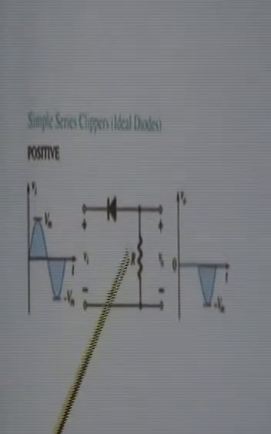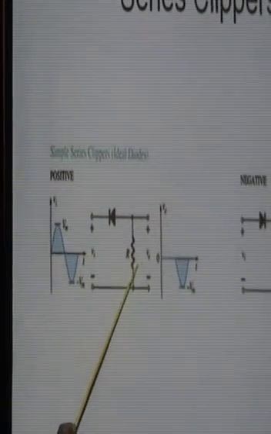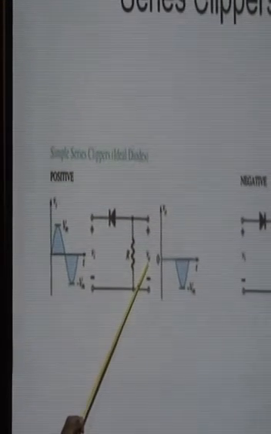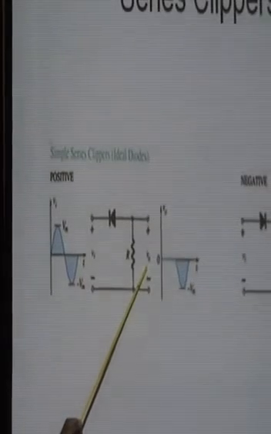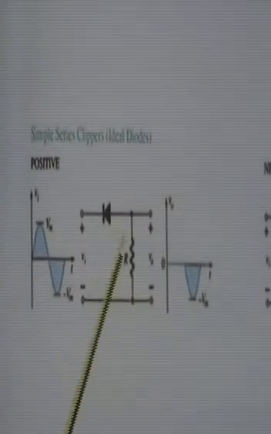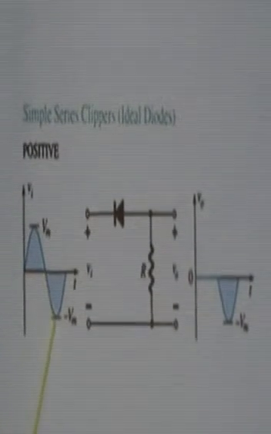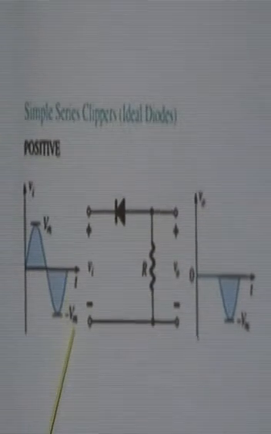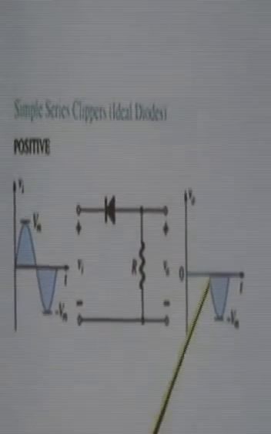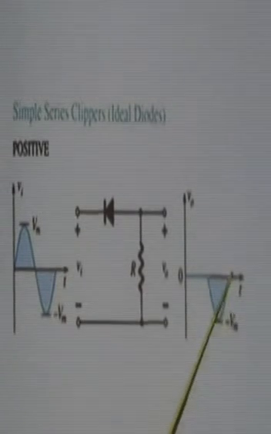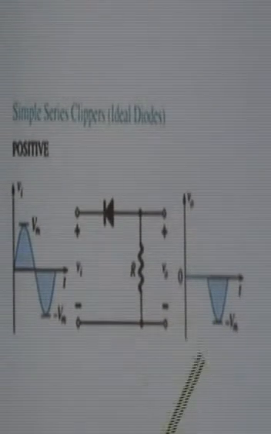And if there is a current across R, then there must be some finite drop. And if there is a finite drop, then there must be some output across it in the form of V0. Because the diode is ideal, the negative half waveform of minus Vm similarly appears from pi to 2 pi, the negative phase of the positive clipper.